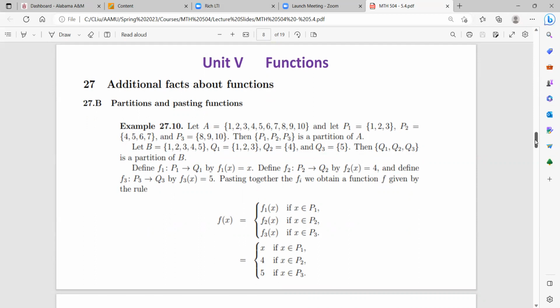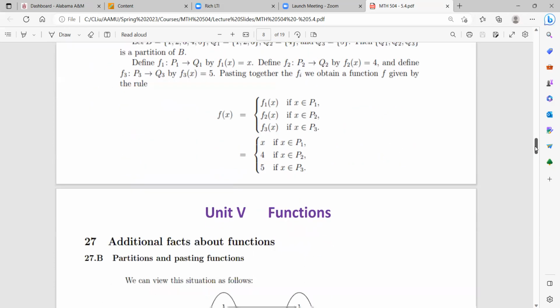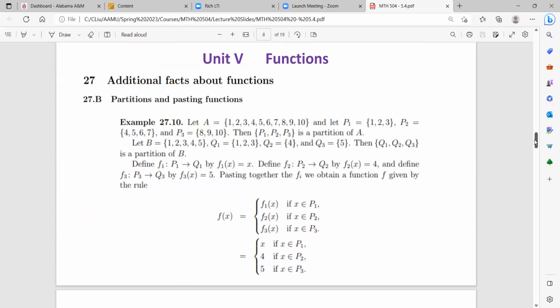There cannot be any intersection between those subsets, and the union of all the subsets should be equal to the universal set, or the whole set. Okay, so on Monday we talked about one example about these partitions, and this process we call the pasting of functions.